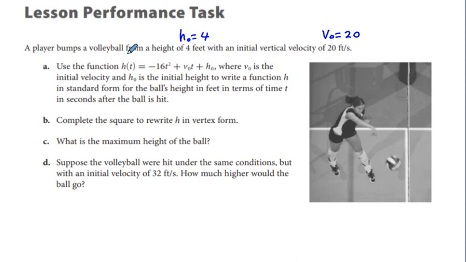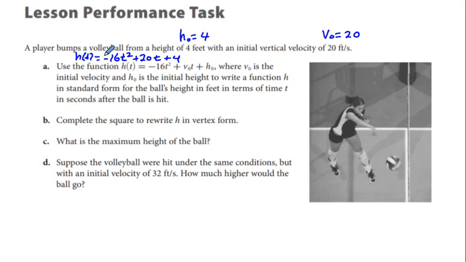That gives us the standard form function h of t is equal to negative 16 t squared plus 20t plus h sub 0, which is 4.